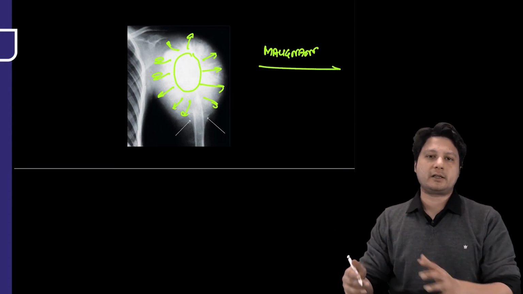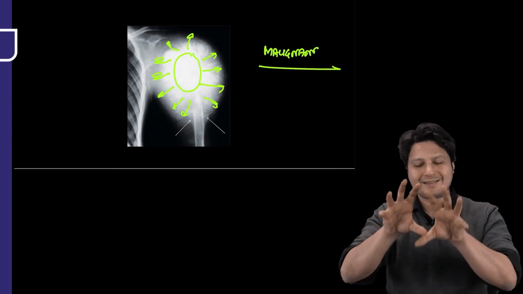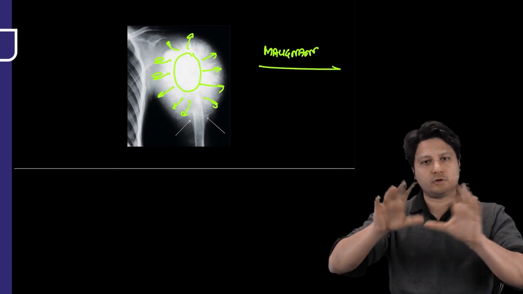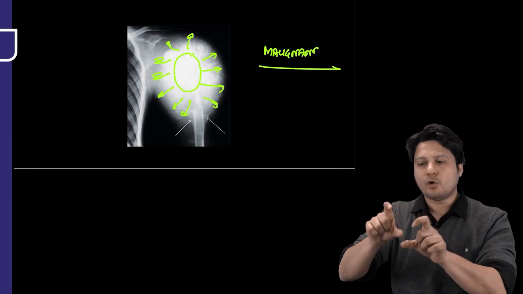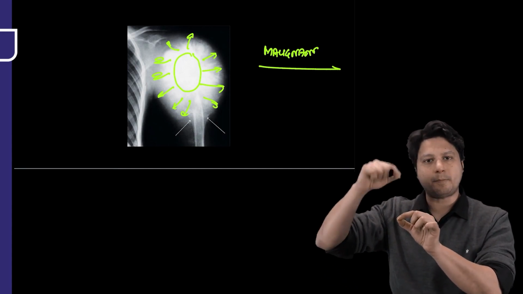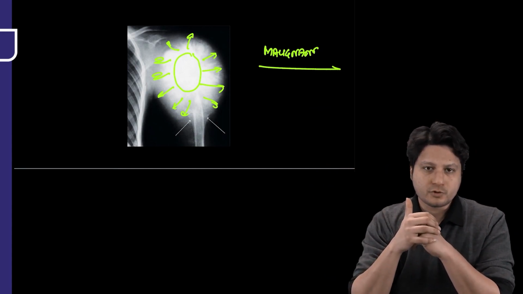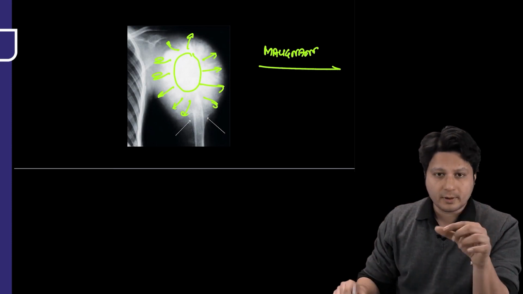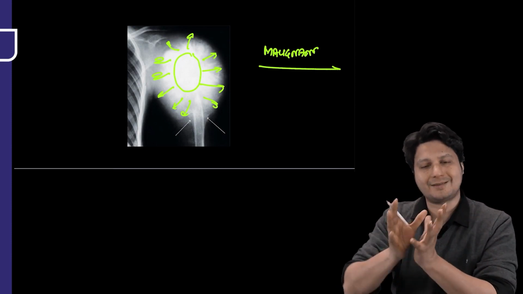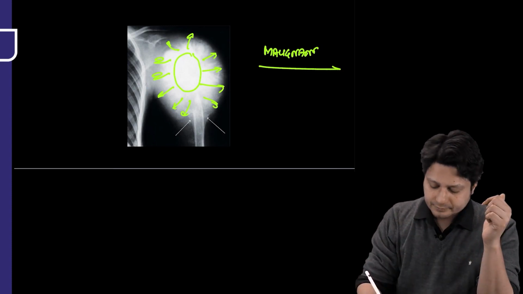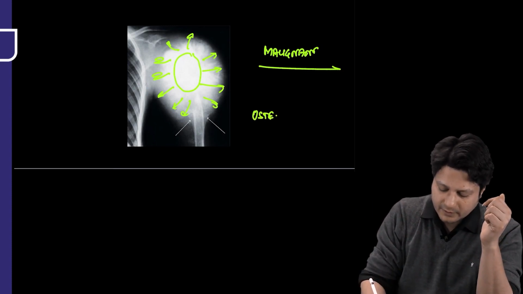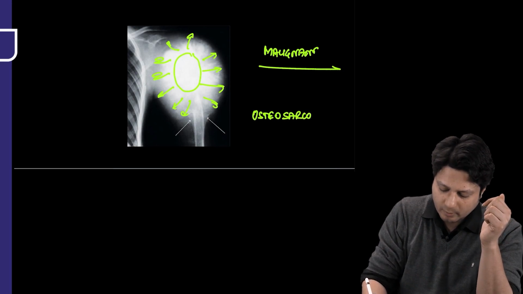Now, in osteosarcomatous tumor, what we have identified is that the central core is more dense compared to the periphery because the central core becomes necrotic as the neovascularization is assisting the peripheral spread of the tumor. So the X-ray appearance is that of a sunburst appearance or a sun ray appearance, and the tumor you are visualizing over here is osteosarcoma.